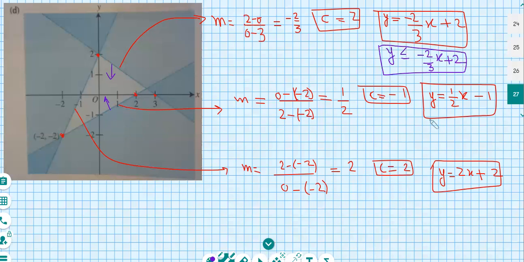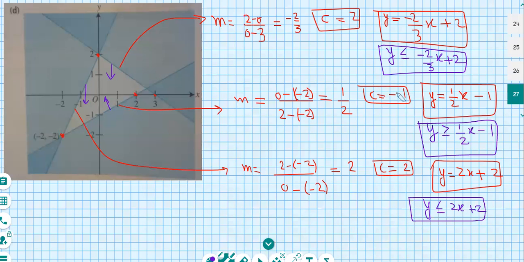So the inequality will be y is greater than or equal to 1 over 2x minus 1. Third, the unshaded region is below this line. So the inequality will be y is less than or equal to 2x plus 2. So these are the 3 inequalities which actually made this unshaded region.